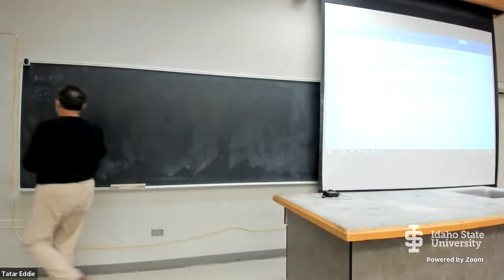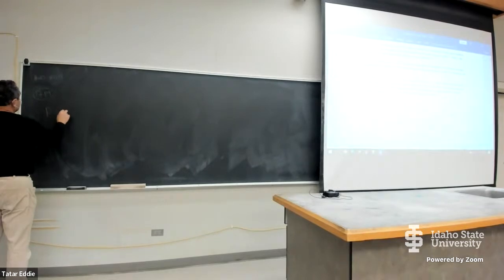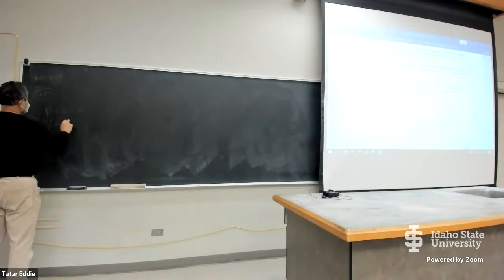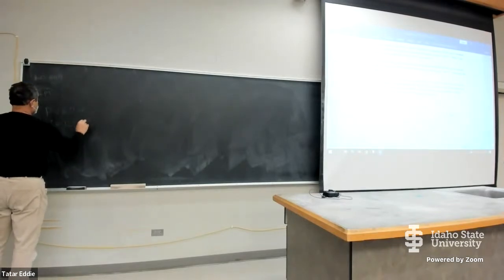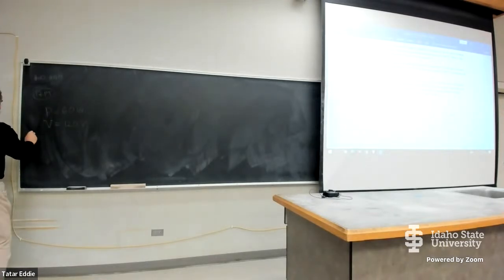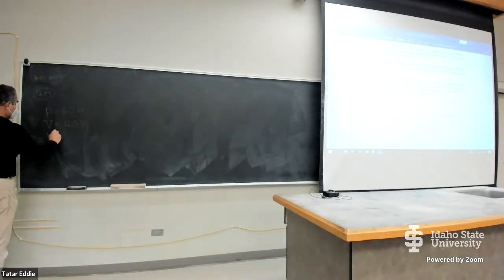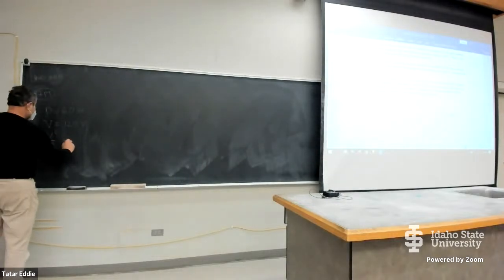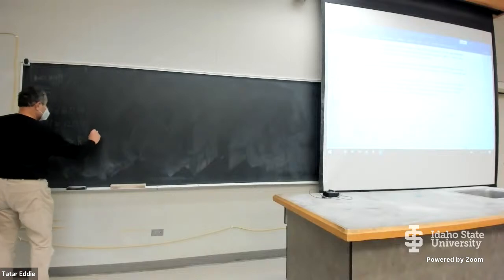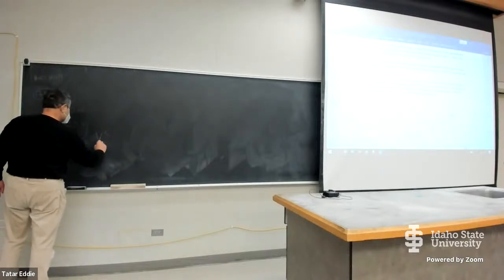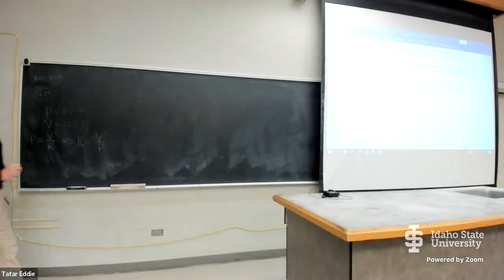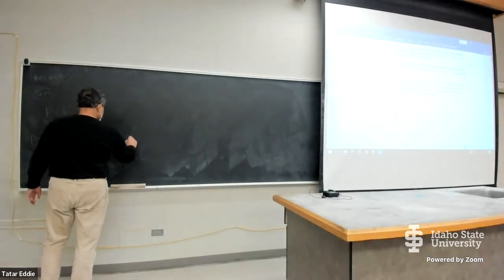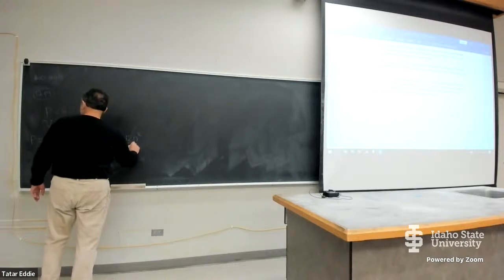So the power of one bulb is 60 watts, and the voltage applied to one bulb is 120 volts. Remember, one of the formulas for calculating the power is voltage squared divided by resistance. It follows that the resistance is equal to voltage squared divided by power. So this is 120 squared divided by 60.